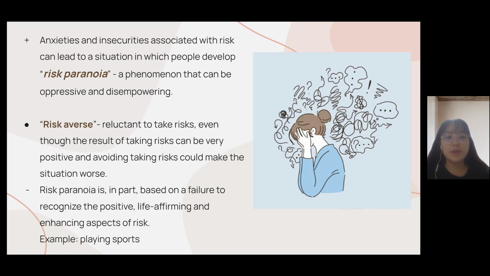It is a phenomenon that can be oppressive and disempowering. Some people become too concerned about risk that they adopt a rigid approach to any risk factors. The technical term for this is being risk averse, that is, reluctant to take risks, even though the result of taking such risk can bring us positive benefits, and avoiding taking risks could ironically make the situation worse.